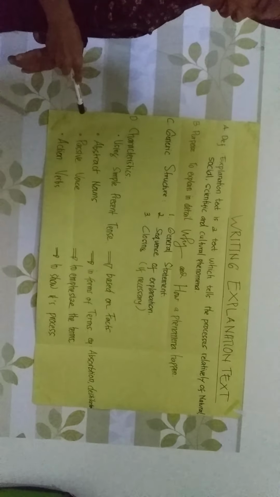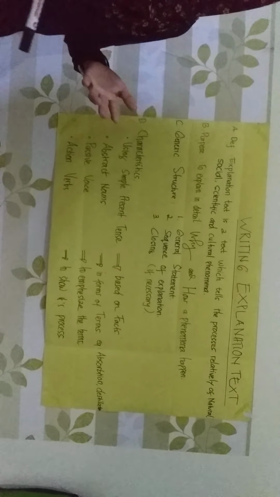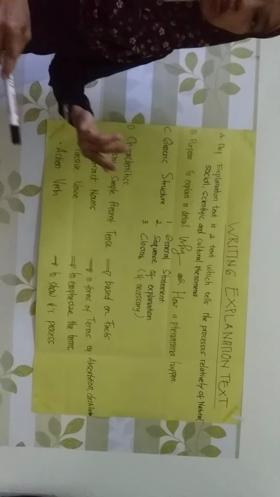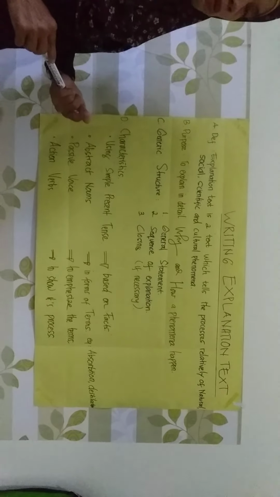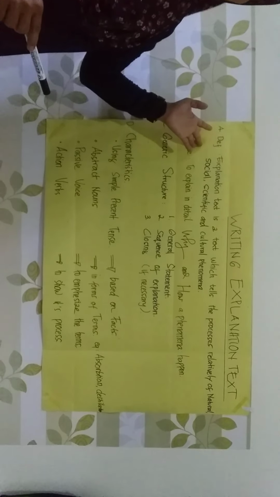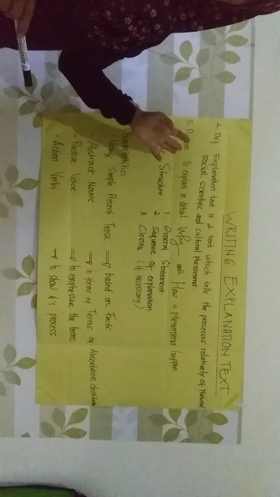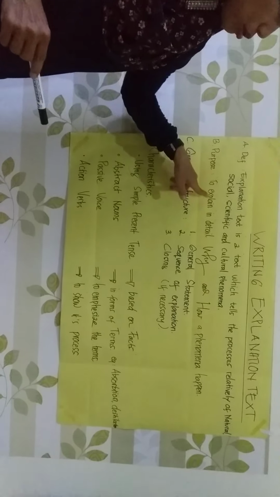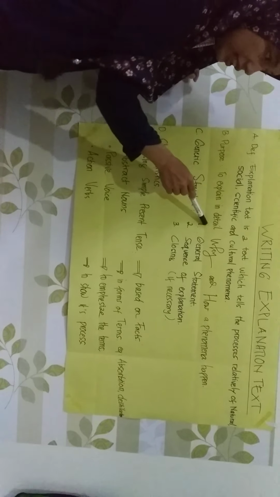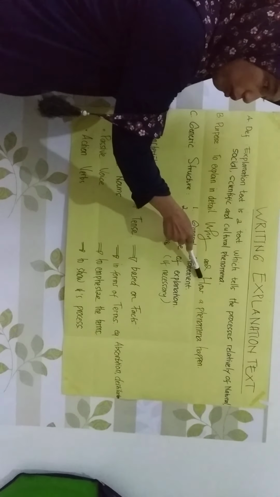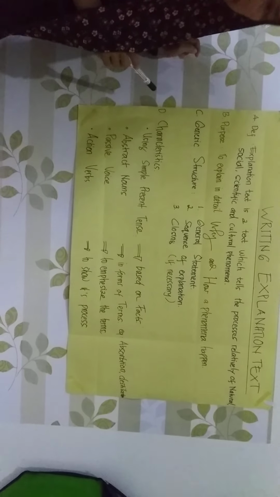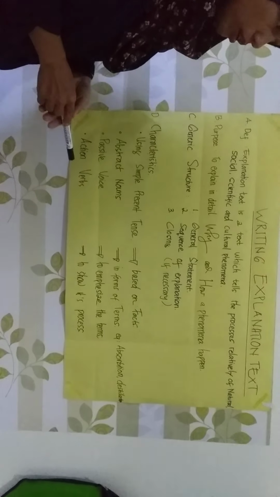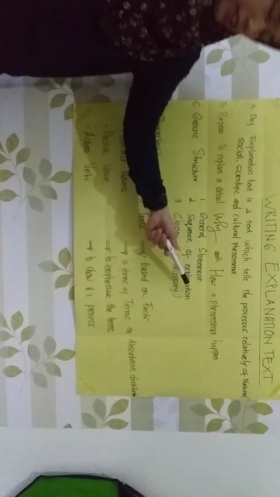If we want to explain a natural phenomenon or a social phenomenon, we can make it into explanation text, because the purpose of explanation text is to explain in detail why and how the phenomena happen. In other words, it explains the process of a phenomenon happening.